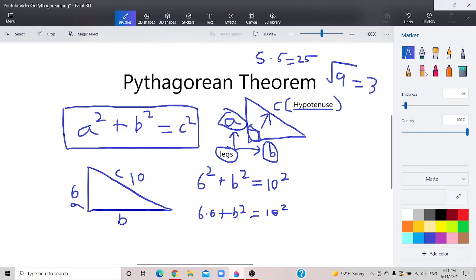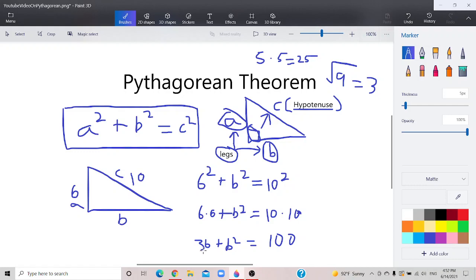And 10 squared is just 10 times 10, and 10 times 10 we know is 100. So now we have 100 equals 36 plus B squared. So how do we get B squared by itself?